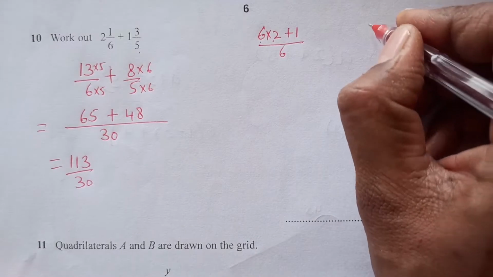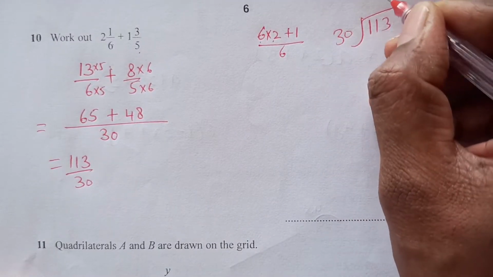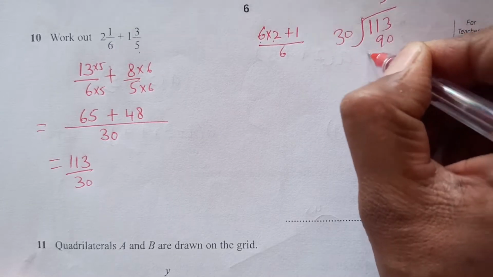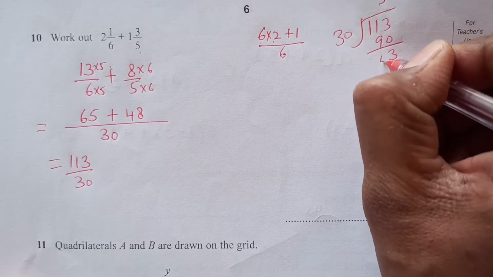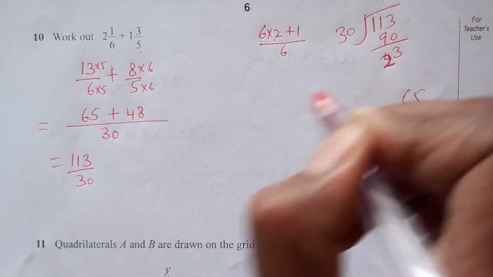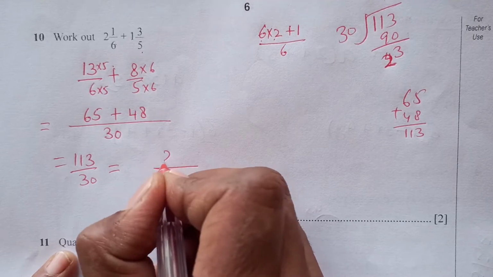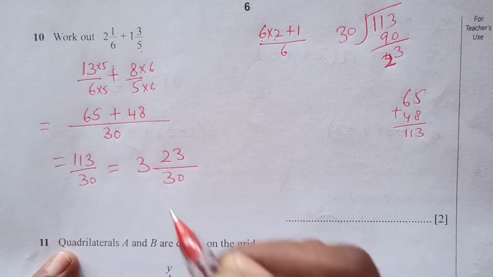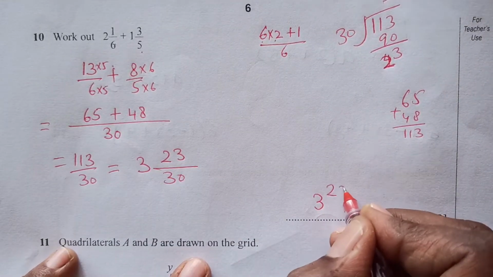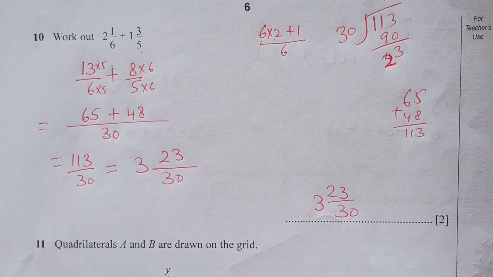So 113 divided by 30, 3 times 30 is 90, remainder 23. So 30 will remain in the denominator. Remainder goes up here. So 3 23 over 30 is the final answer.